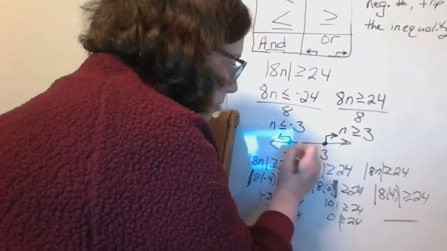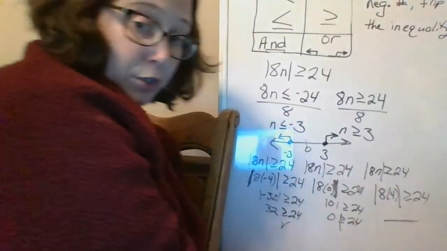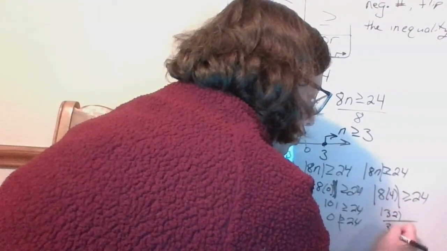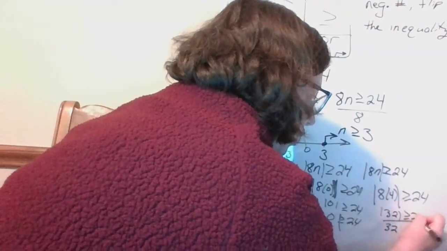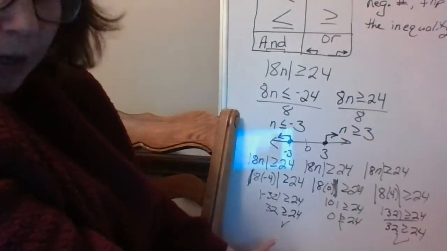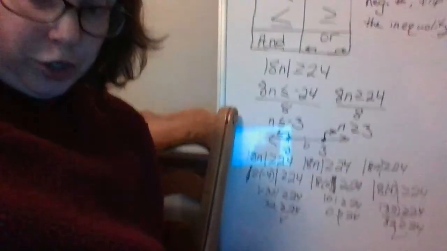That is not true, which is perfect because it was in the middle where it should not have been true. Over here, we will get the absolute value of 32, which is 32, is greater than or equal to 24. That also is true.